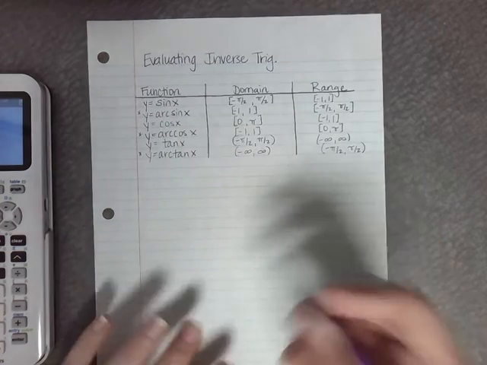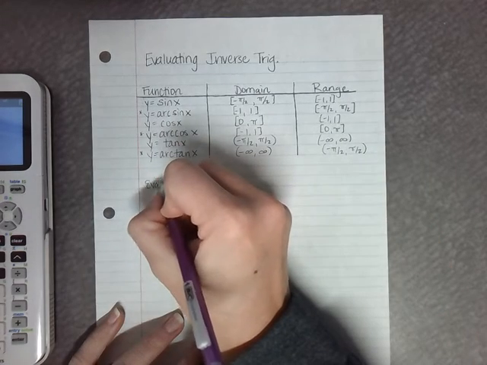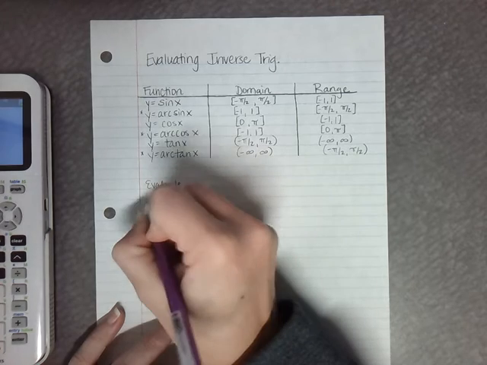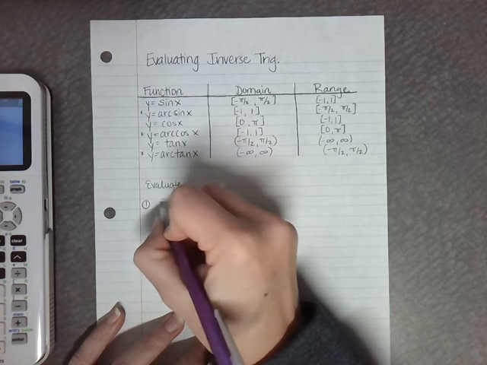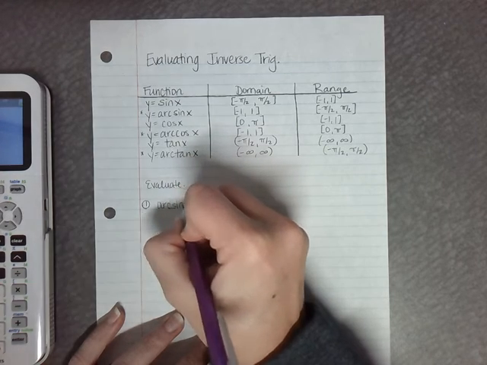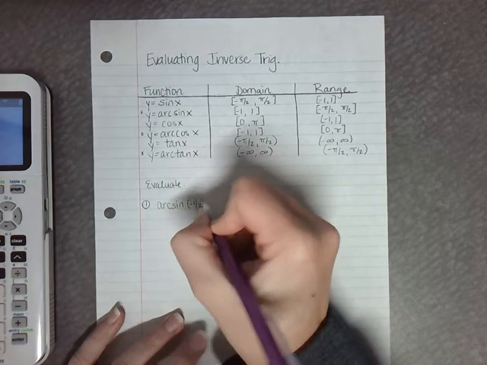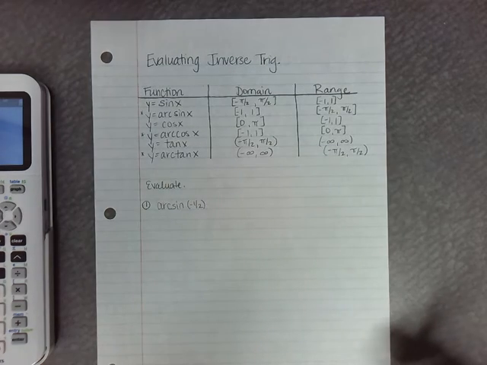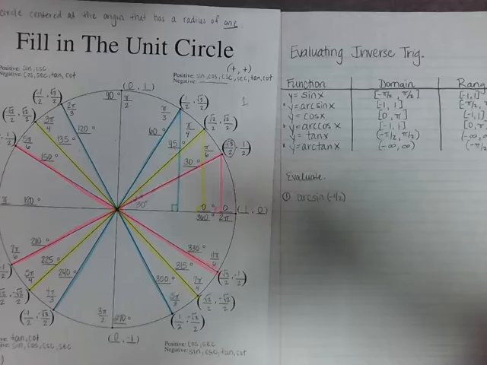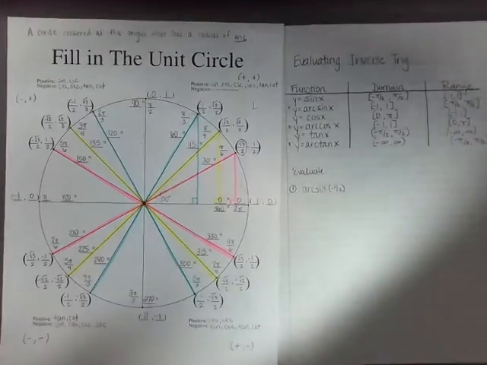Okay, so we're going to start with a very simple example. I just want to find the arcsine of -1/2. Now hopefully you have your unit circle memorized by now, but if not, let me put it out here just for reference. Let me zoom out just a little bit.